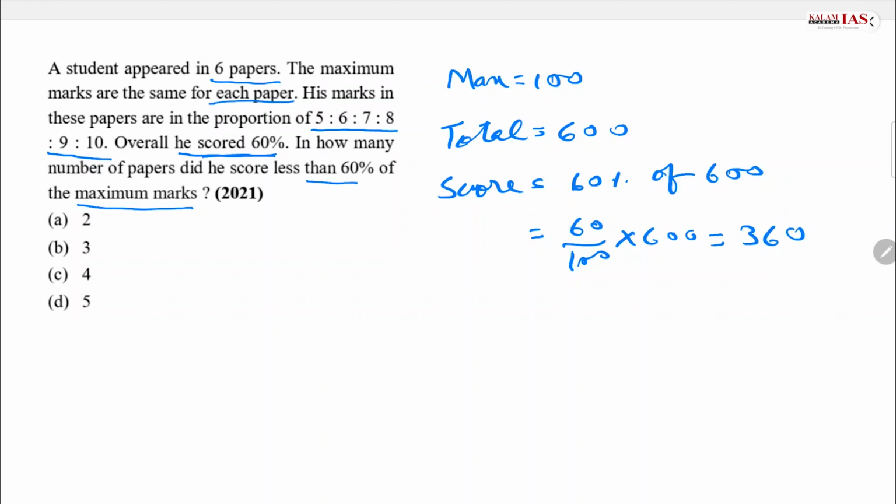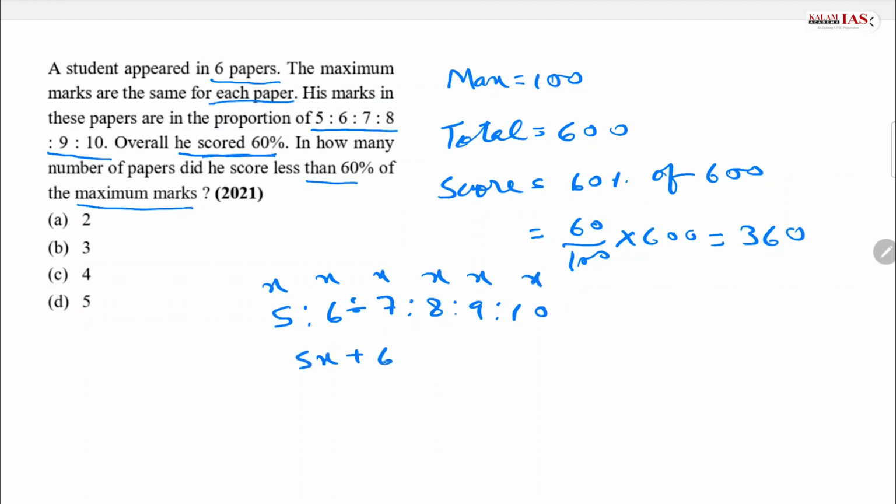Now the proportion of the marks is 5:6:7:8:9:10. If we add all these up, assuming the common factor is x, we have 5x, 6x, 7x, 8x, 9x, 10x.